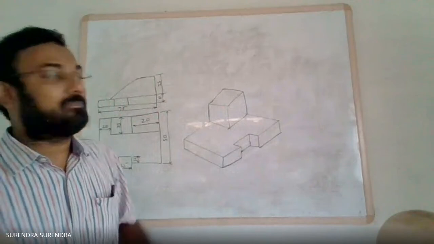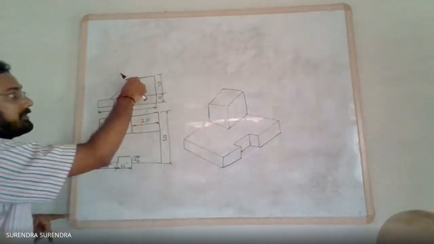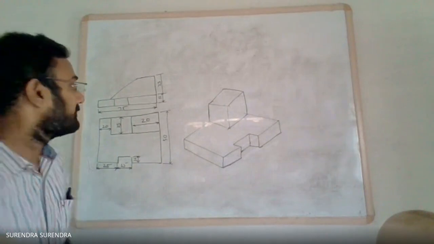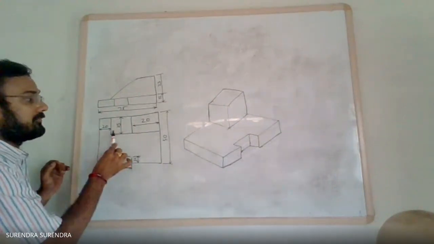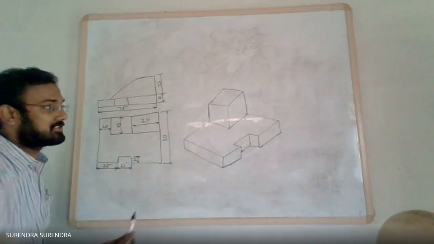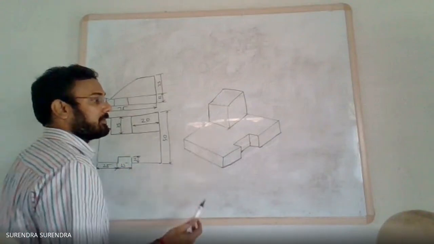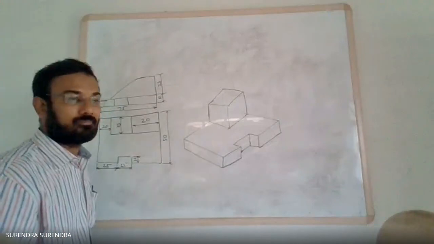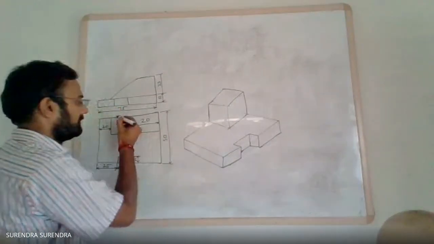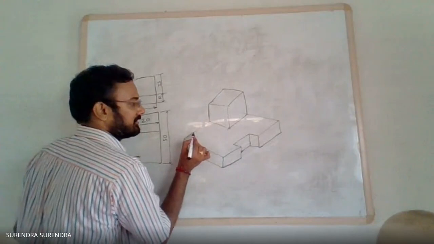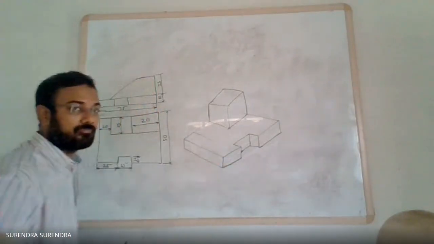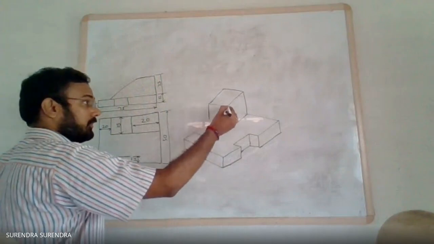From here, how is it? The slant surface joins at a distance of 20 mm from this end. So from here, at a distance of 20 mm, mark a point and draw a parallel line for 25 mm width. Join the top corners with this.